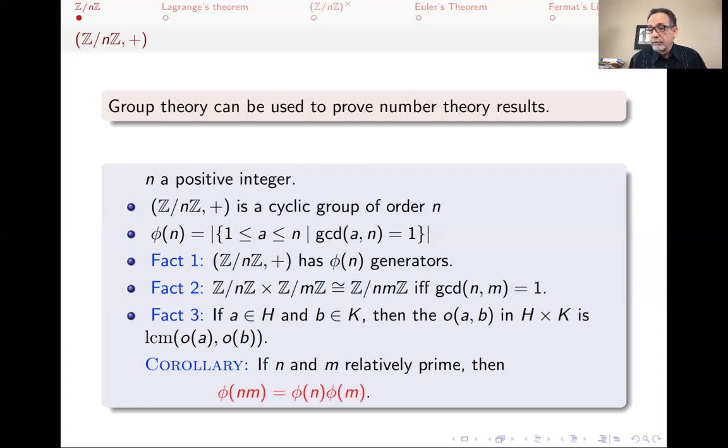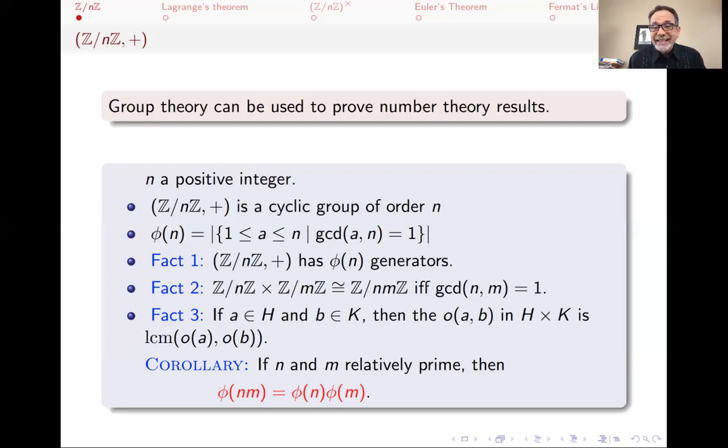This follows from that little number theory fact that the phi function is multiplicative. So phi of nm equals phi of n times phi of m, as long as n and m are relatively prime. Why does this follow from those facts? Well, phi of nm is the number of generators of the cyclic group with nm elements.